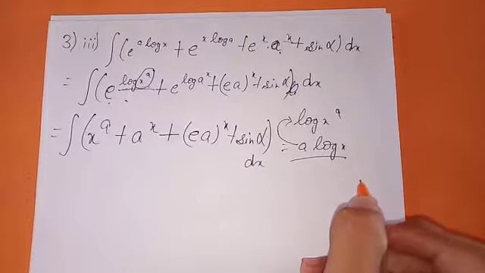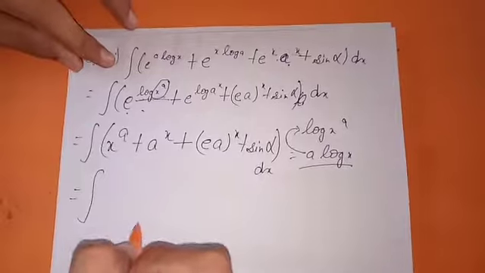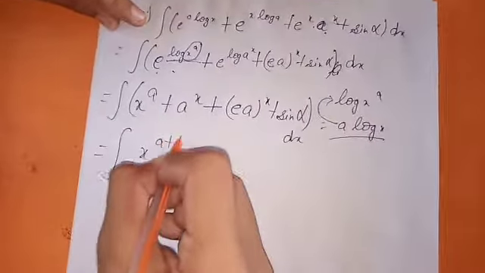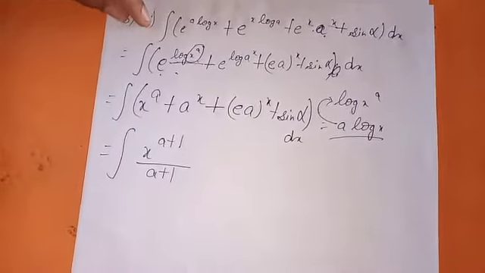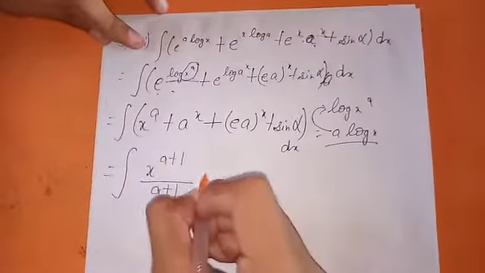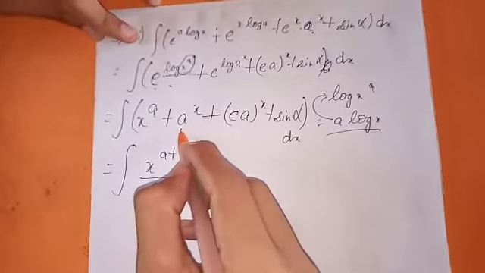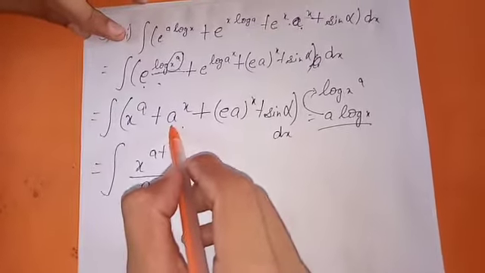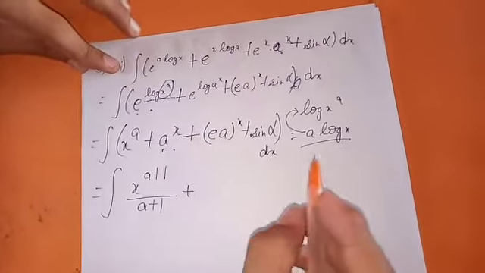Okay, so now we can do it easily. How will we solve it? We'll solve it as x raised to power a plus 1 in power, and divide with the power. Now plus, here a is constant. Whenever a constant is given with variable power, then what will be the answer?